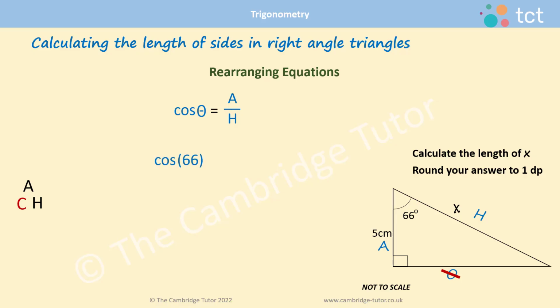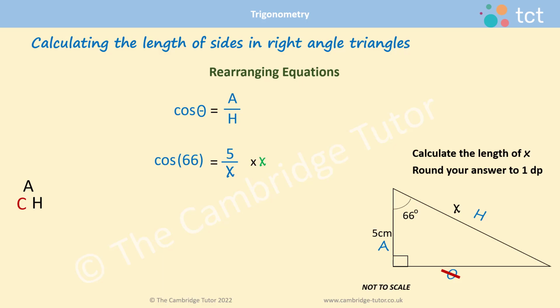So if we put in the values, the cos of 66 is equivalent to 5 divided by x. What you'll notice is different this time from the previous video is that the x is the denominator rather than the numerator. So you do the same as you did in the previous video. You're multiplying the numerator by the denominator to cancel out the division.